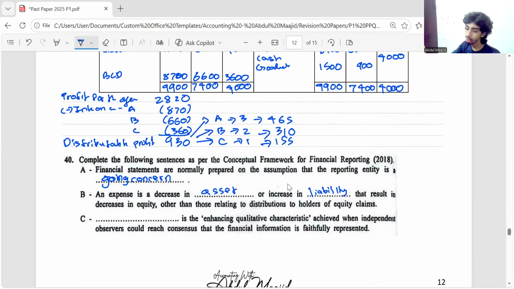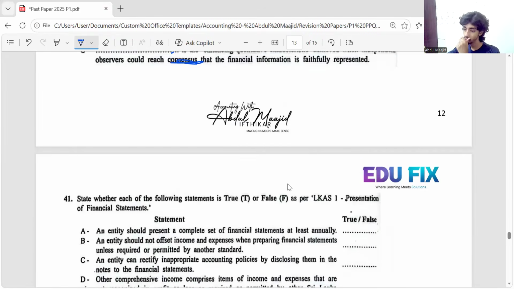Therefore that is understandability. You're coming to a conclusion. Consensus means you're coming to a conclusion that the information is faithfully represented. How can you come to a conclusion? Only if you understand the financial statement. So that's understandability.